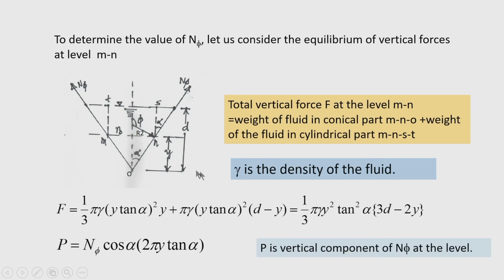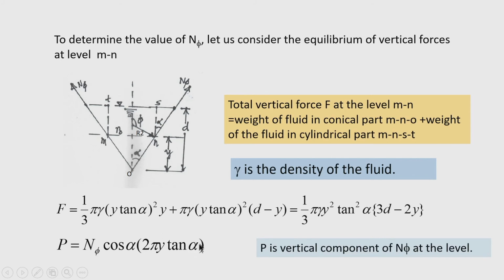Now, this weight at this level should be balanced by the total vertical component of n phi. The vertical component of n phi is n phi cos alpha, and the circumference of the circle here is 2 pi y tan alpha.